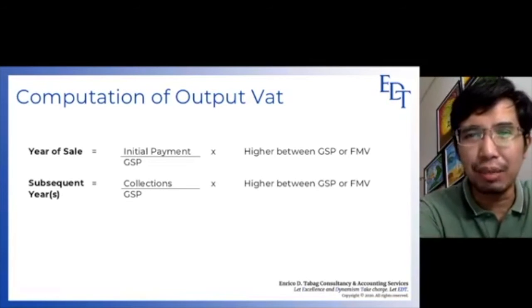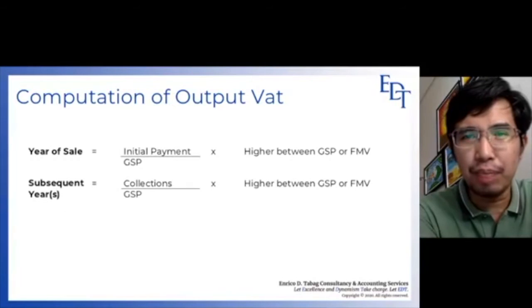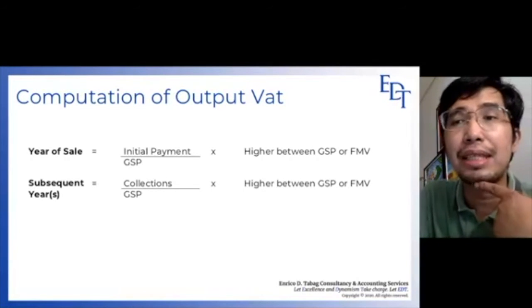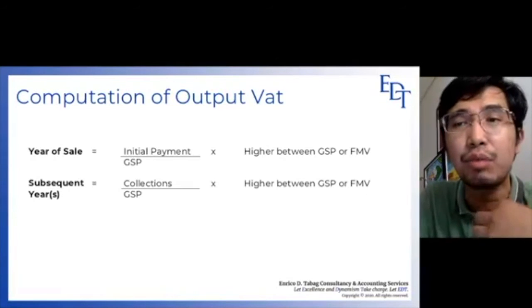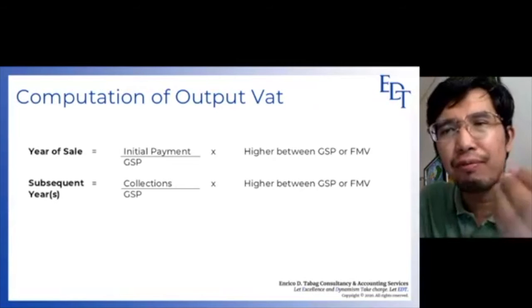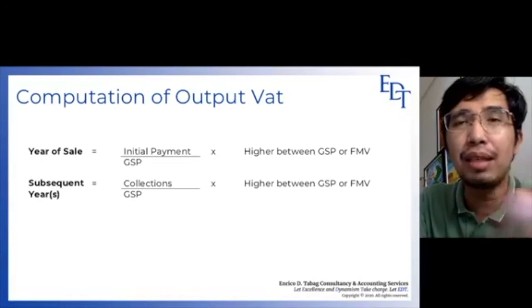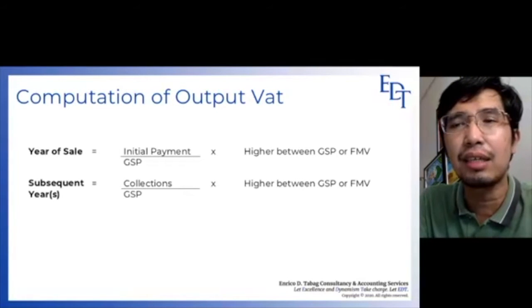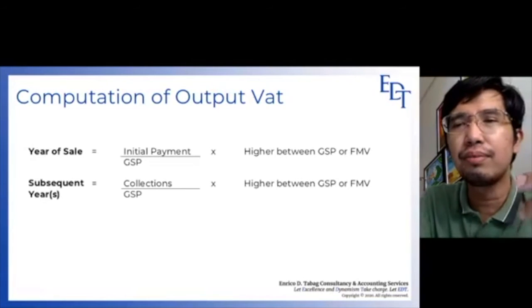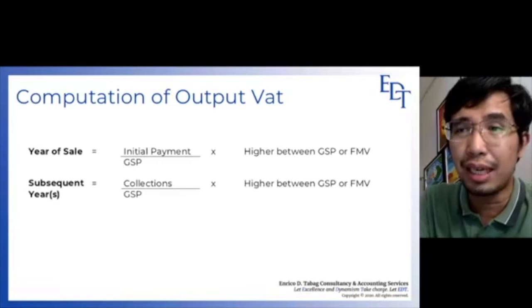Kaya yung pag sinabi mong higher between GSP and FMV, dapat yan ha, hindi or pala. So higher between the two. Higher between GSP and FMV. So pag sinabi natin FMV, dalawa na ang laman yan. Ulitin ko, city assessor, saka provincial assessor, saka yung zonal valuation by the BIR.